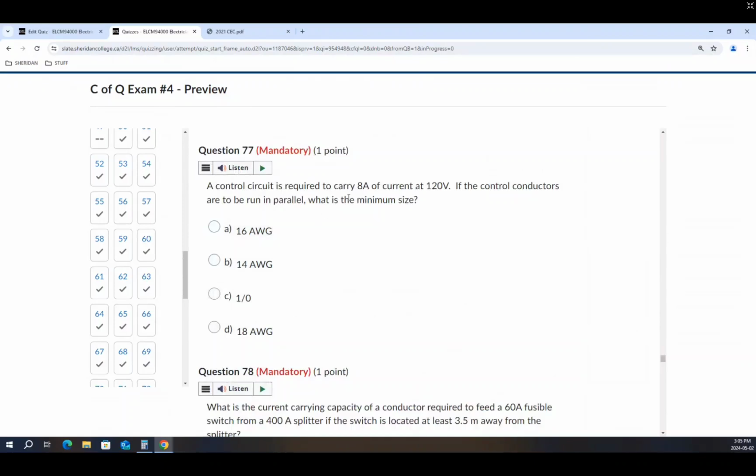77. A control circuit is required to carry 8 amps of current at 120 volts. If the control conductors are run in parallel, what's the minimum size?